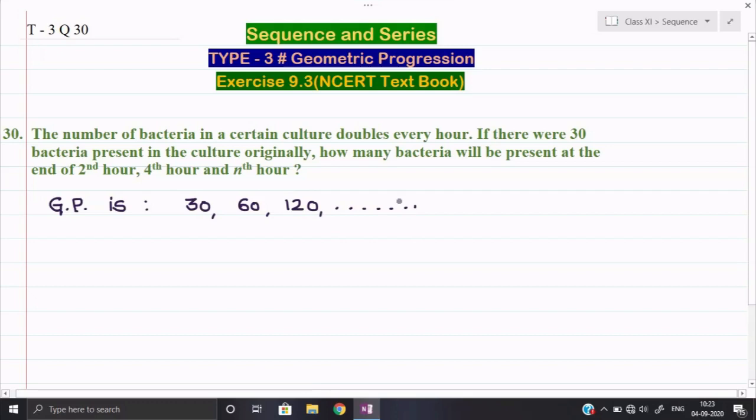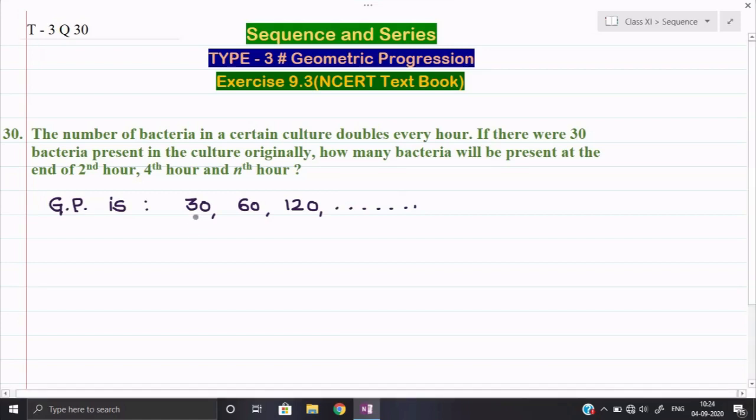Now see, here 30 bacteria are given at the 0th hour, means in the beginning. In the beginning, how much time can we say in hours? It will be 0 hour. So after completing 1 hour, the number of bacteria are becoming 60.